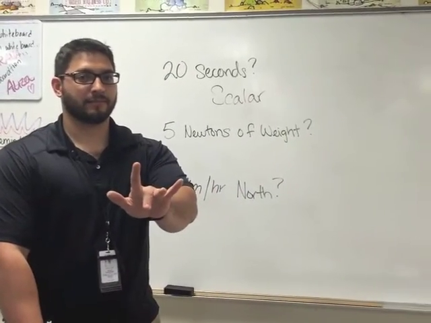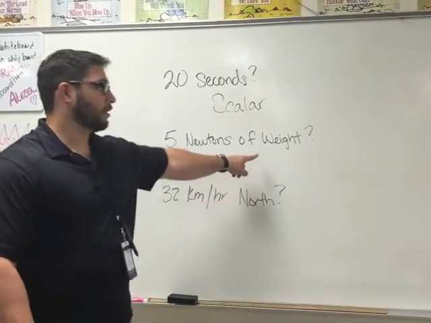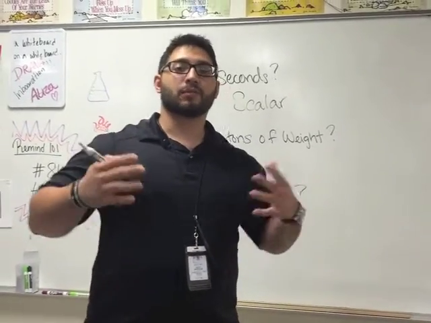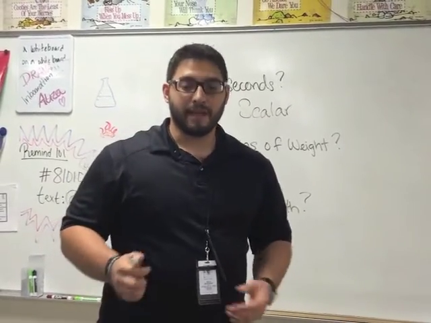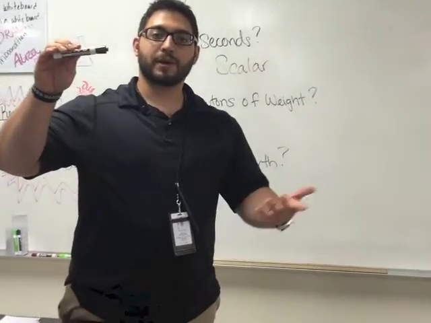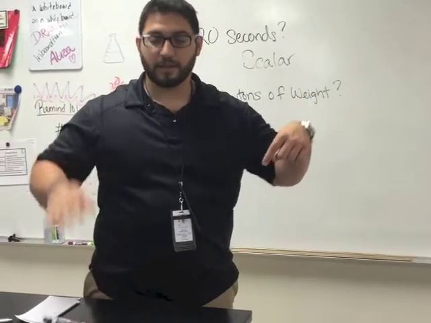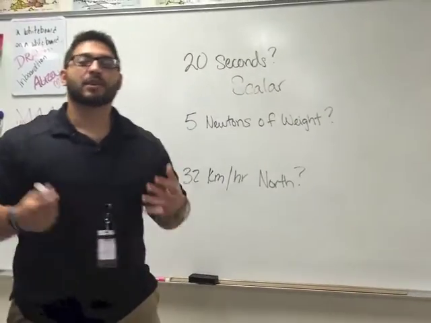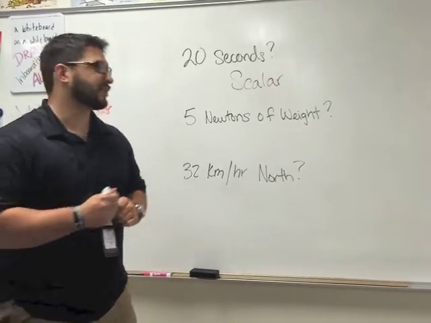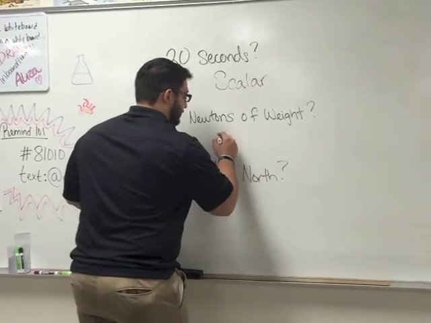But weight, literally, weight does what? Which direction does weight pull? If I take this expo marker and I drop it, which way is it going to fall? Down, right? And that's because there is a direction to which weight travels. That's going to be that downward direction, and that's going to be a vector.